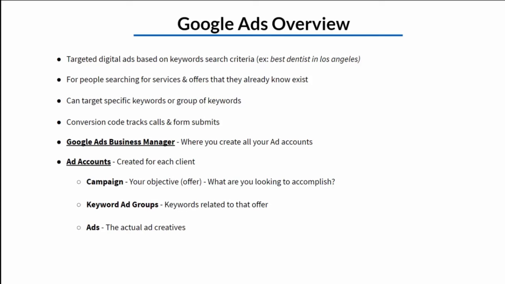Because there are different areas within the home remodeling space that the keyword ad groups are going to target. So you have, let's say, one particular keyword ad group targeting decks. So deck remodeling or deck construction. And then another one can be, let's say, room expansion or home addition, where somebody's looking to get an extra room built in their home and they're looking for a contractor to help them with that expansion, right?